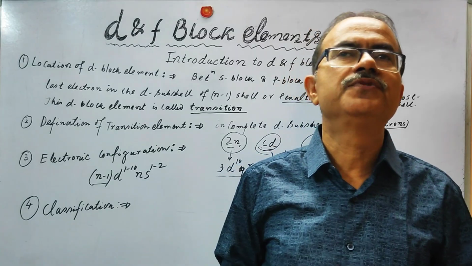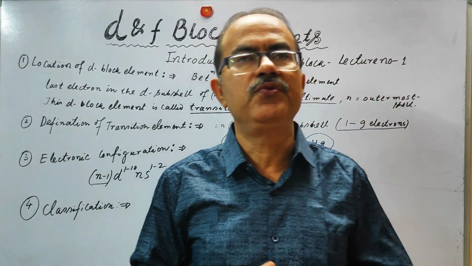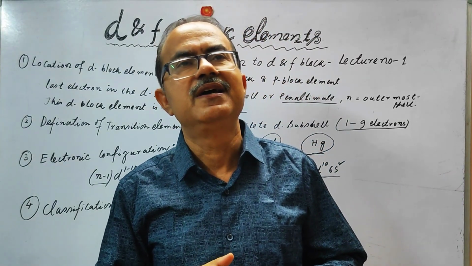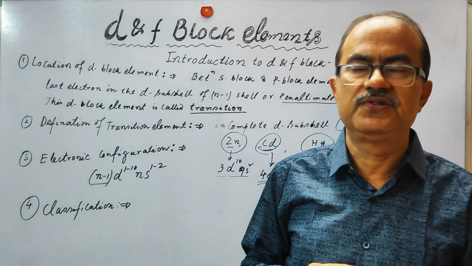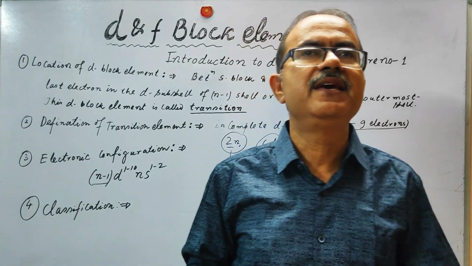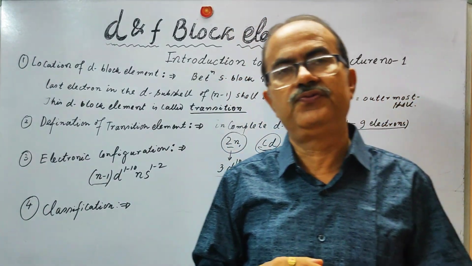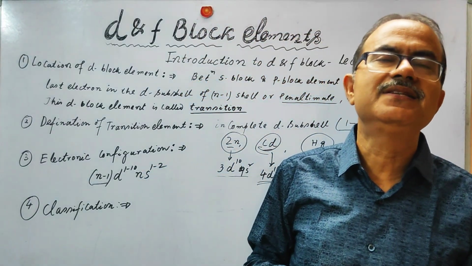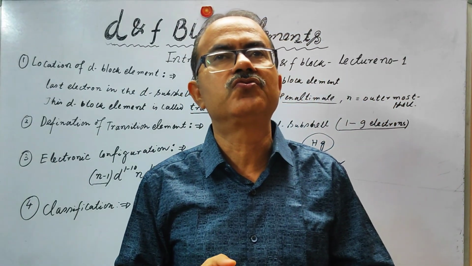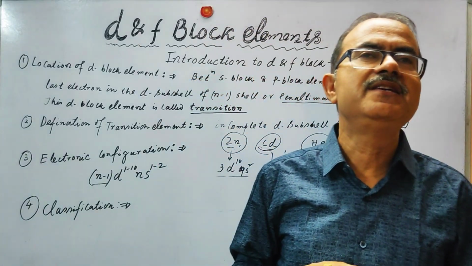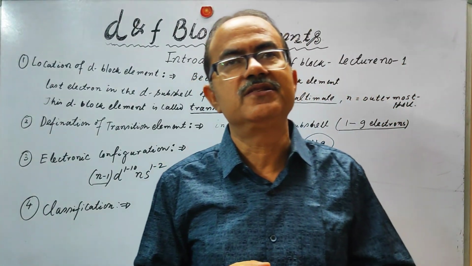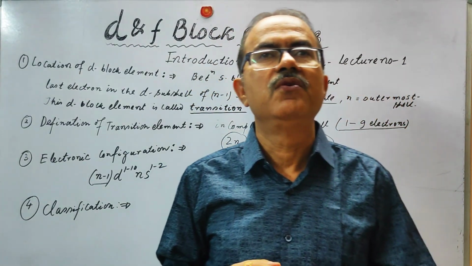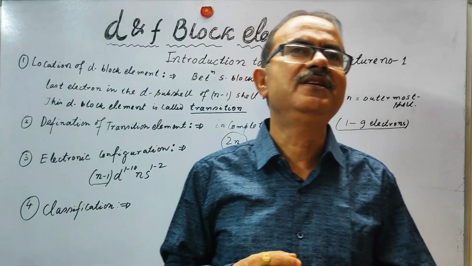When we analyze the d-block elements, we observe there are 4 series of elements. The first series is also called the 3d series, the second series the 4d series, the third series the 5d series, and the fourth series the 6d series.